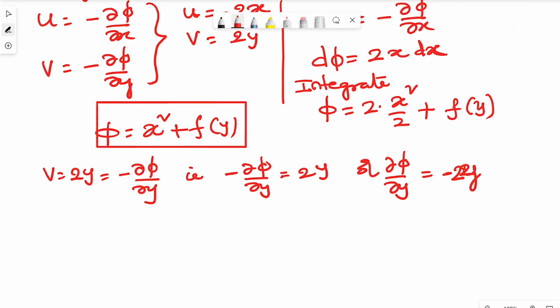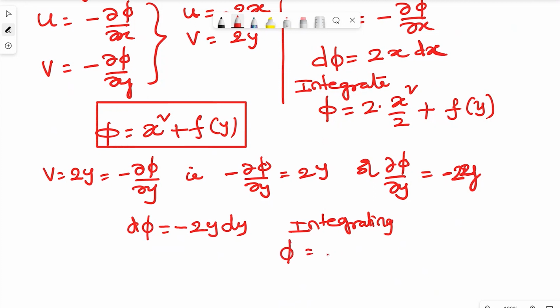Then d phi is equal to minus 2y dy, or integrating, phi is equal to minus 2 into y square by 2, plus function of x.